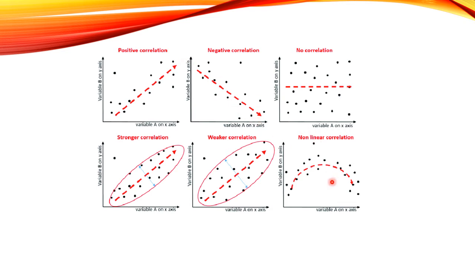Linear means a straight behavior, not a curve. If we have this kind of pattern, that's not a linear correlation, so we have to use some other techniques to consider that.